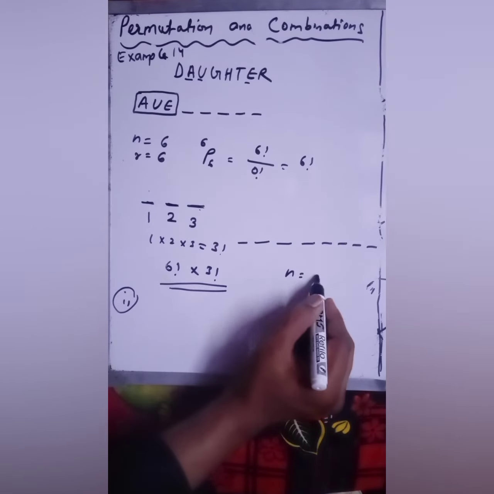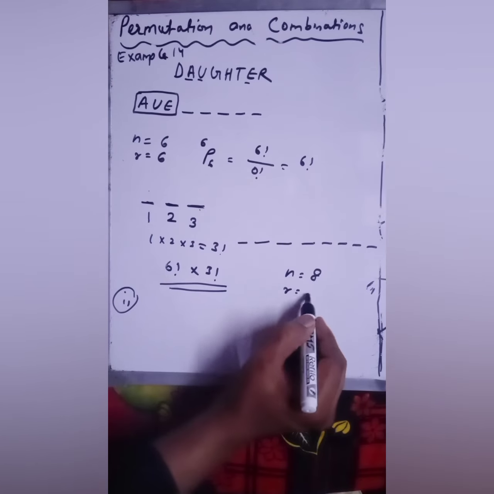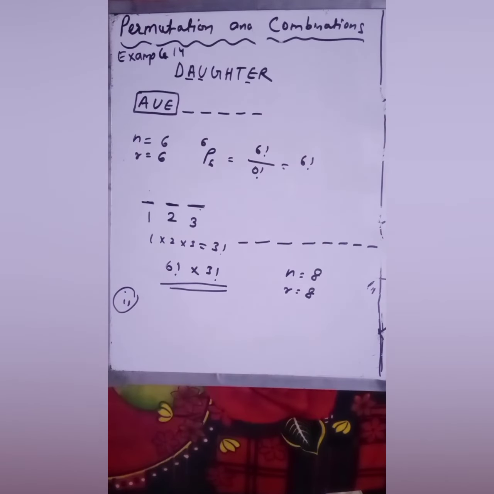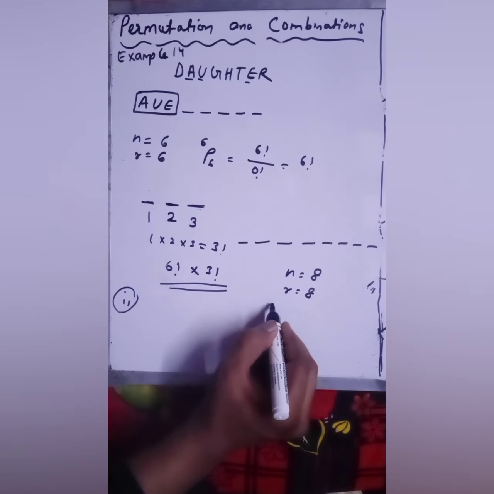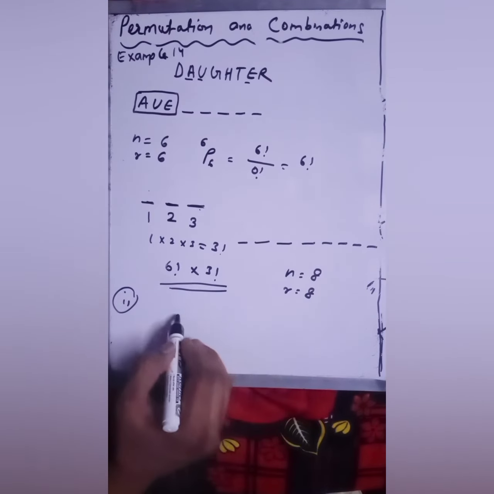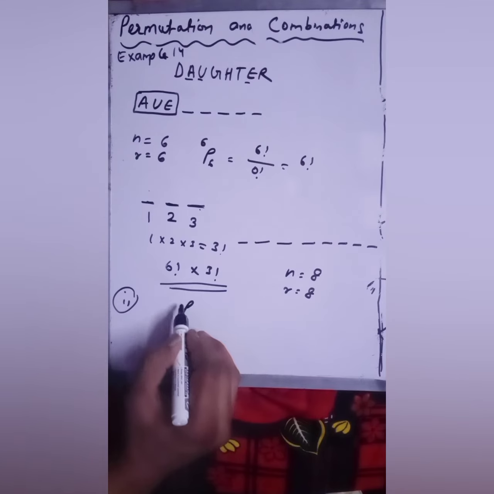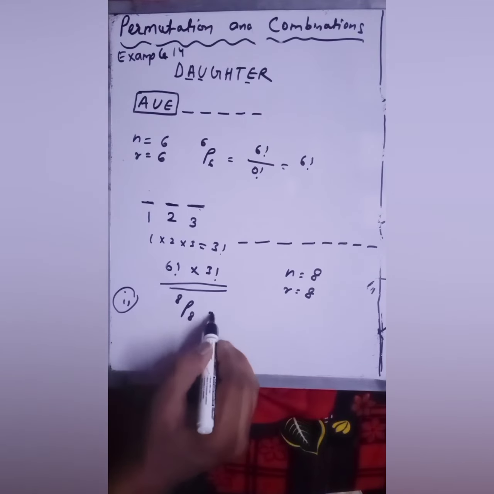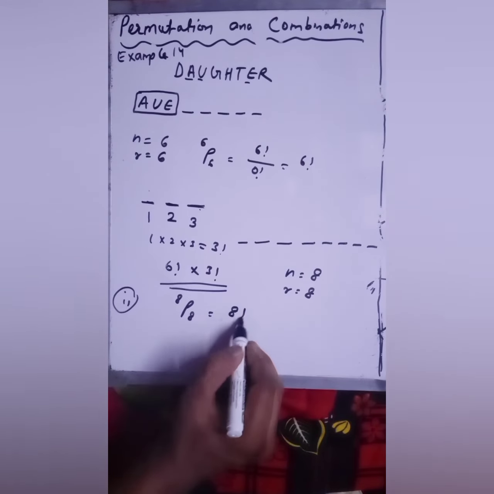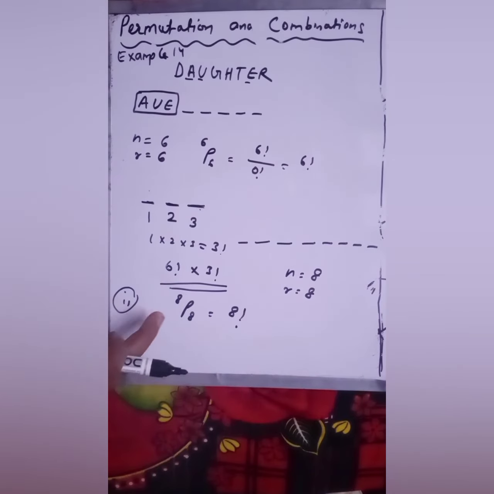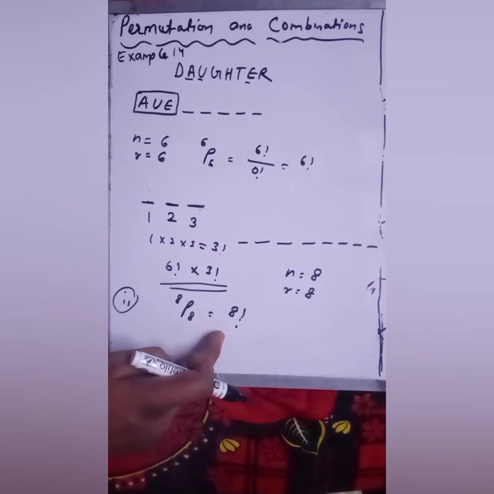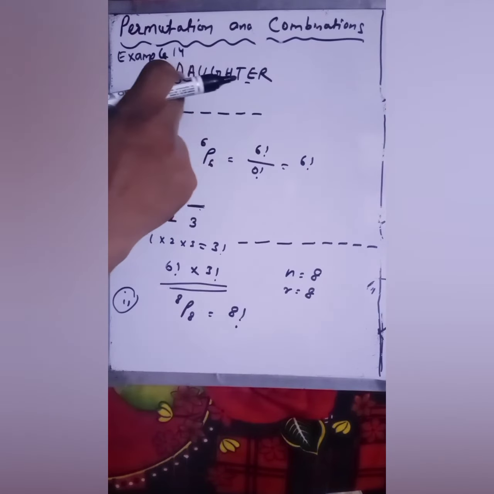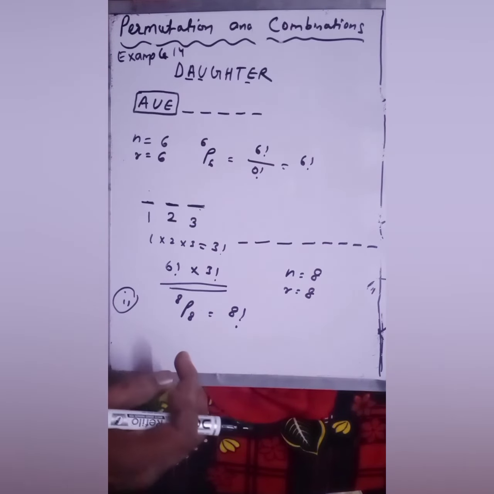So your n would be 8 and your r would also be 8. So the total arrangement would be P(8, 8), that means 8 factorial. When you solve, you will get 8 factorial only. So this is the total arrangement when you arrange all the letters.